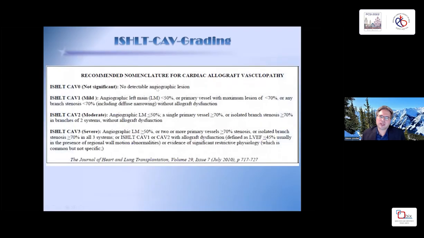And then there is a nice graduation that starts with mild if you have not so significant narrowings and not so widespread, to severe when you find more than 50% narrowing of the left main or more than 70% stenosis of some of your primary vessels. The important thing for children is this small sentence here at the end, which says evidence of significant restrictive physiology automatically makes you a CAV grade 3 as well.